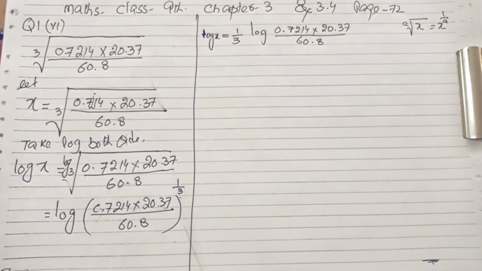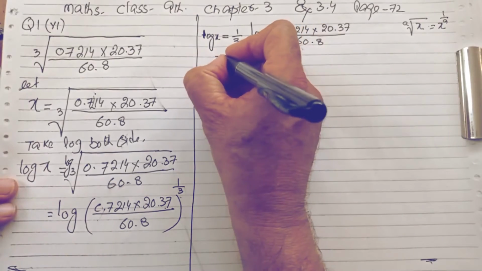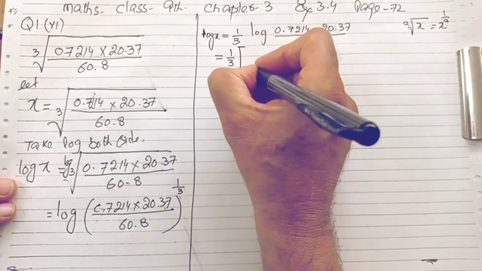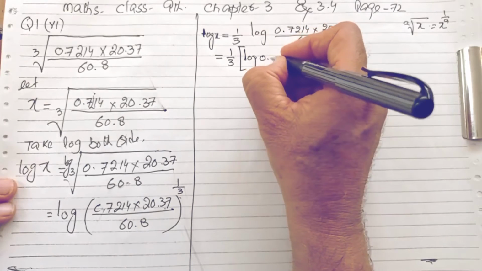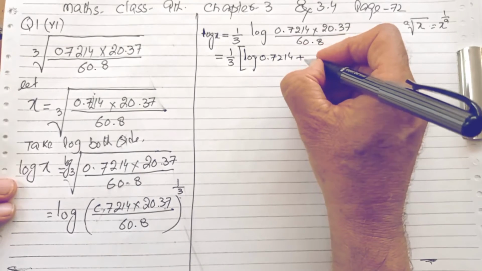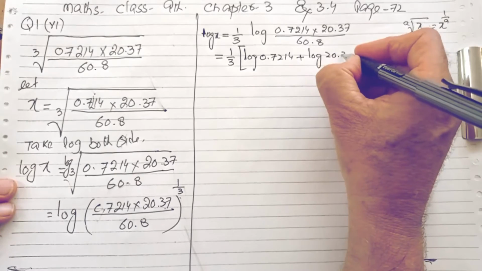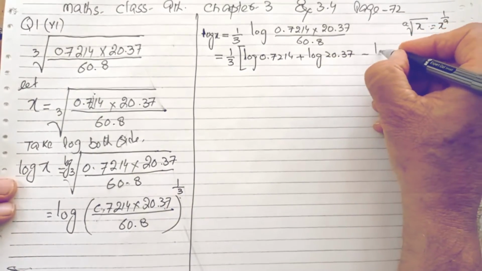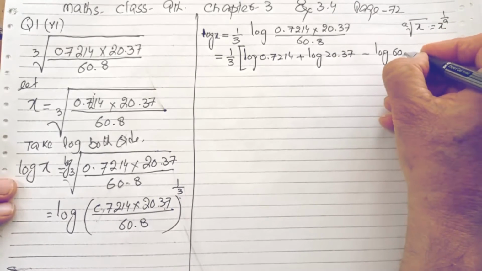So going further, that is 1 over 3 over here, and log 0.7214 plus log 20.37, then minus log 60.8.